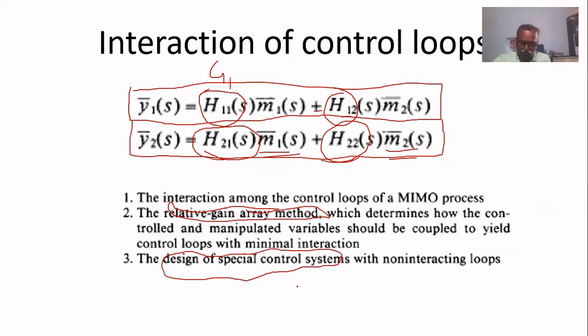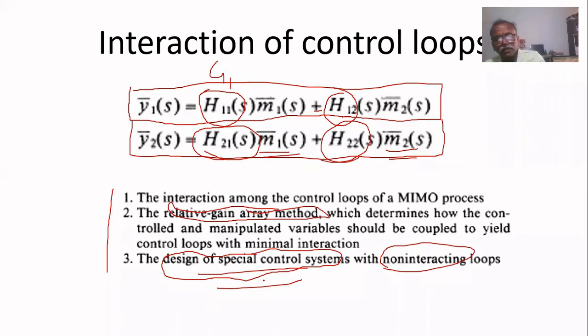We will see in the final slides how to design non-interacting loops by using decouplers. So we are going to see three things. What is the interaction that we have seen? Then what is a relative gain array? Then we'll design how to remove those interactions. That is called decoupling. How it can be done, that we'll see now.